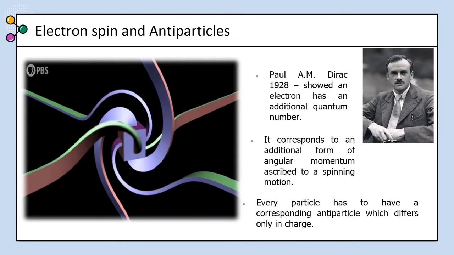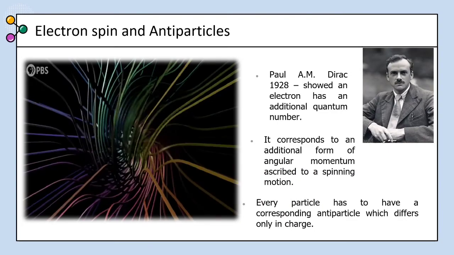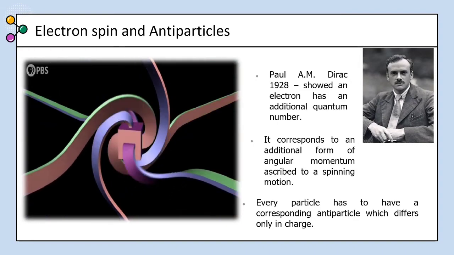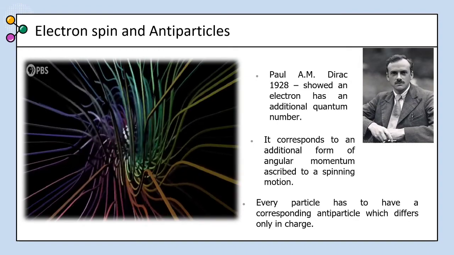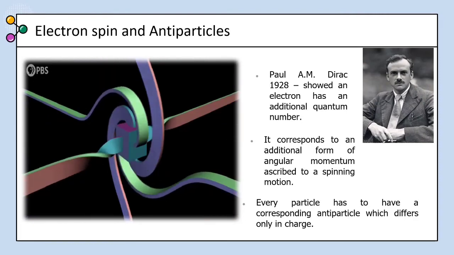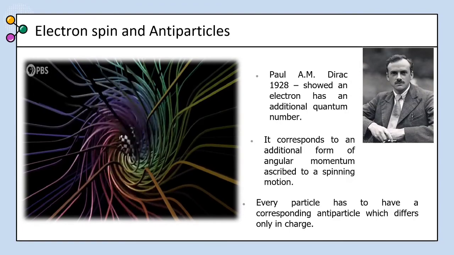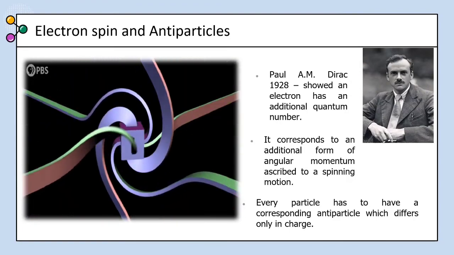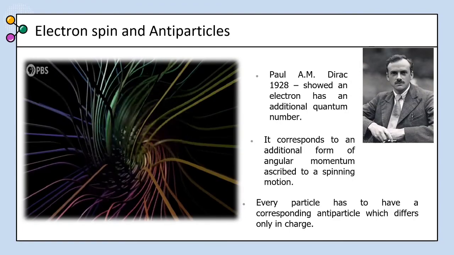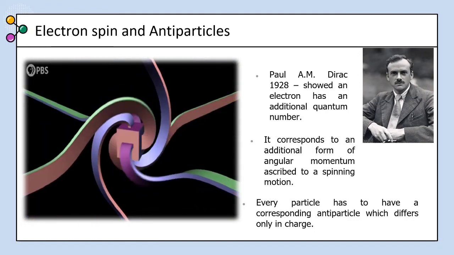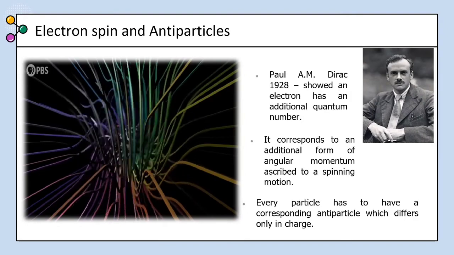Electron spin and antiparticles. In 1928, the English physicist Paul Dirac produced a wave equation for the electron that combined relativity with quantum mechanics. Schrödinger's wave equation does not satisfy the requirements of the special theory of relativity because it is based on a non-relativistic expression for the kinetic energy.